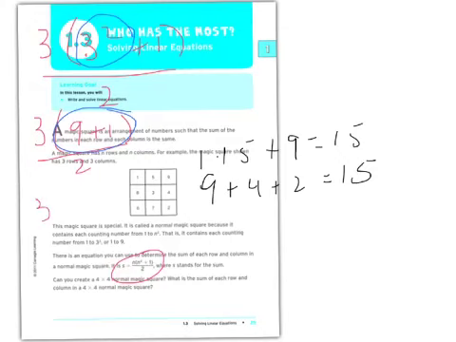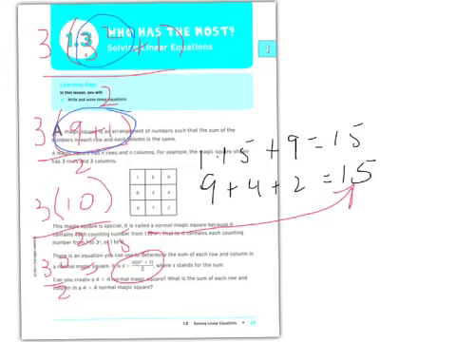So 3 times 9 plus 1 is 10, divided by 2. We then go 3 times 10 is 30, divided by 2, and that equals 15. And so that tells us, with the formula, what the sum of this magic square is going to be.